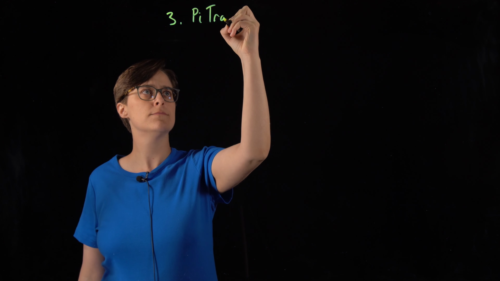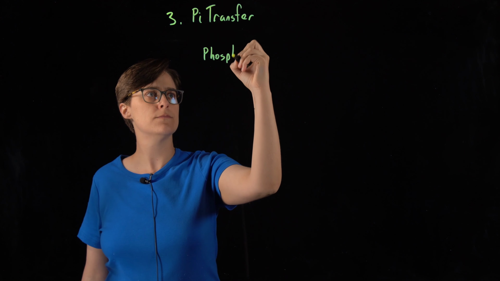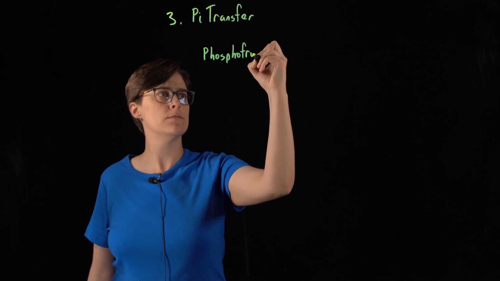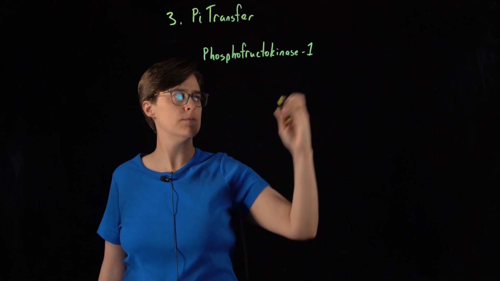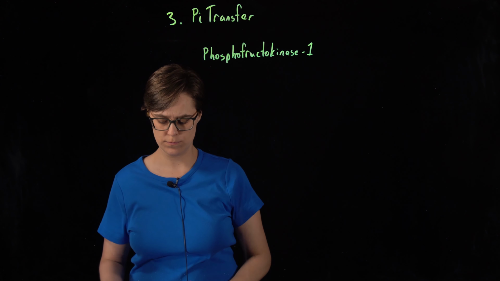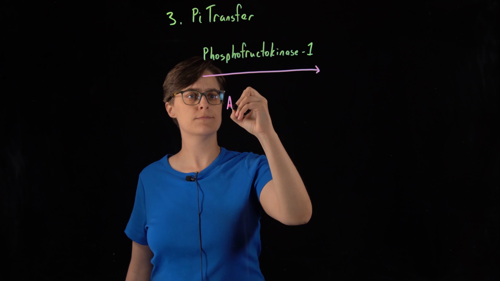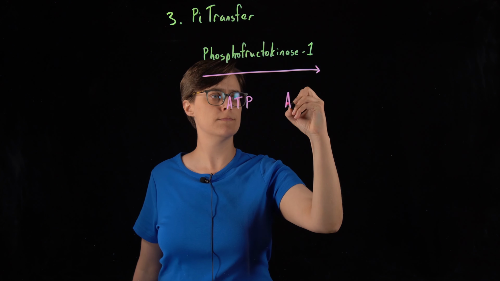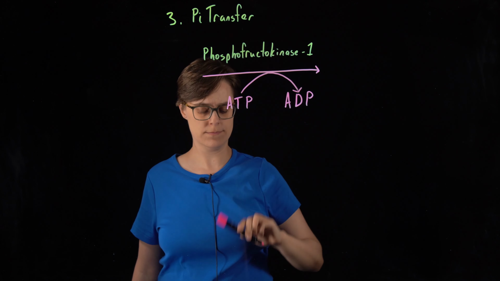Step 3 is another inorganic phosphate transfer. This one is catalyzed by an enzyme called phosphofructokinase 1. And much like step 1, it's an irreversible reaction, and we need a source of inorganic phosphate. So once again, we are going to be using ATP, adenosine triphosphate, and breaking one of those phosphate groups off of it so that it becomes adenosine diphosphate, ADP.